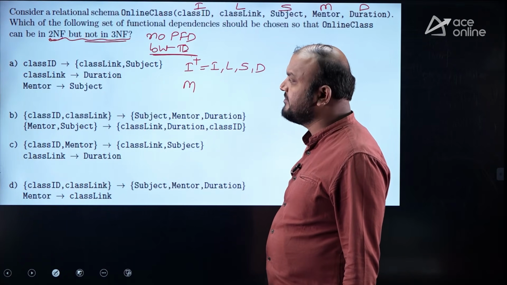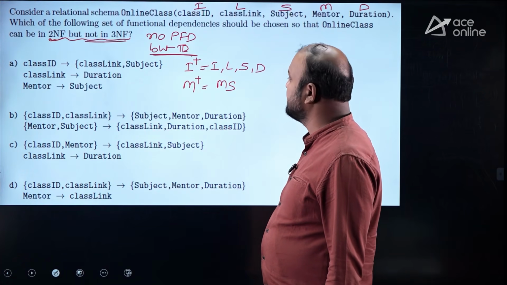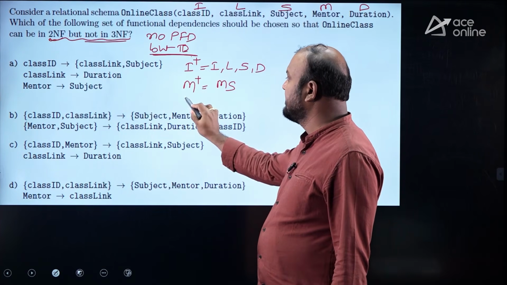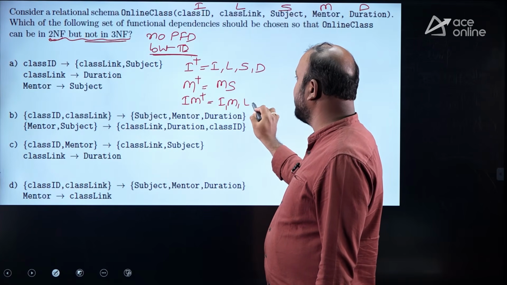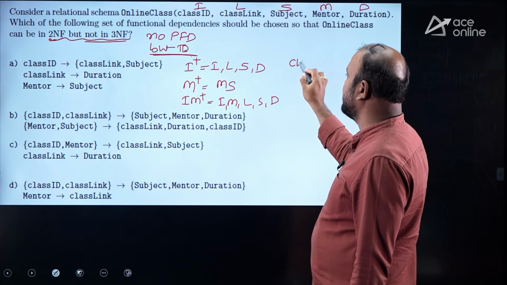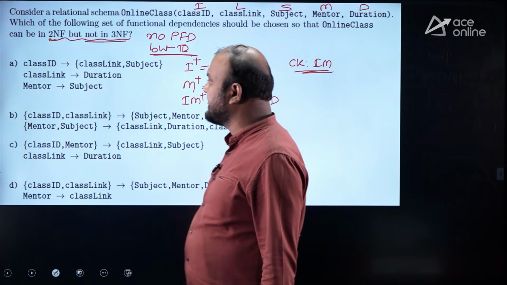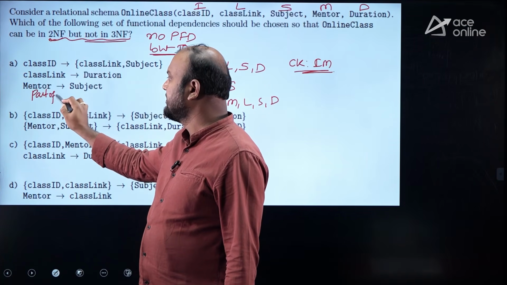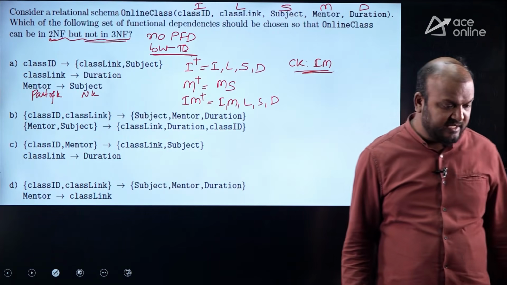When you take the closure of M, M closure is M, S, not getting all attributes. So, to M if I add I, I am going to get all the attributes. I M closure is I M with I, L, S, D already there. So, what is the key for the first question? The key for the first question is I and M. If I and M is a key, M is part of key, S is non-key. So, part of key to non-key.